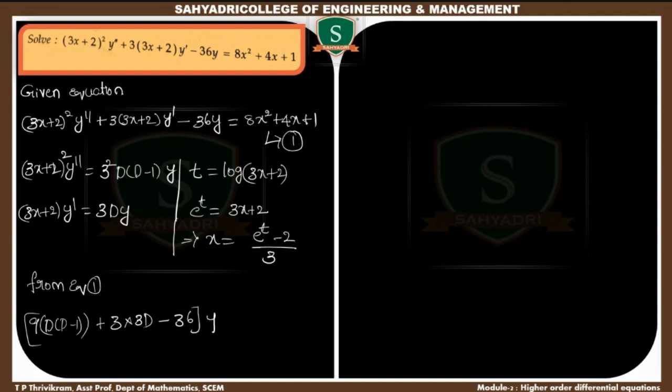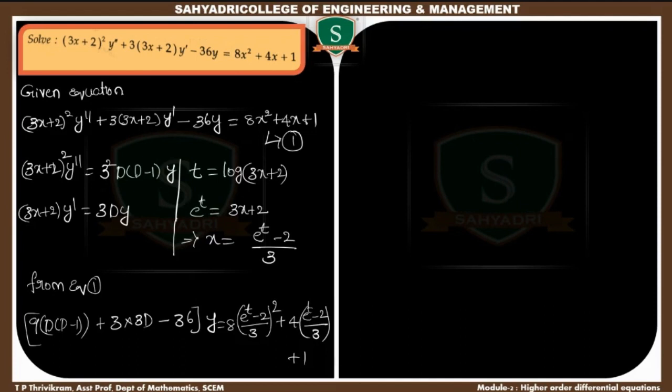I have taken y common, is equal to 8x square plus 4x plus 1. The x value we got is e power t minus 2 divided by 3. So this one is equal to e power t minus 2 divided by 3 whole square. Here 8x square, so this is nothing but 8 into this, plus 4 into e power t minus 2 divided by 3, plus 1.